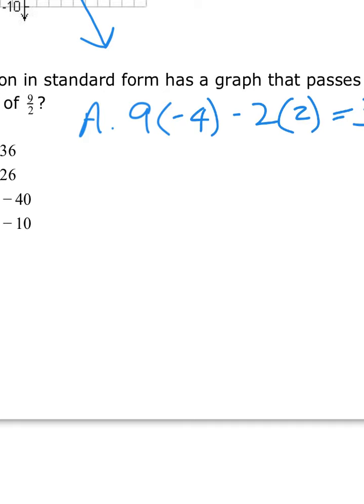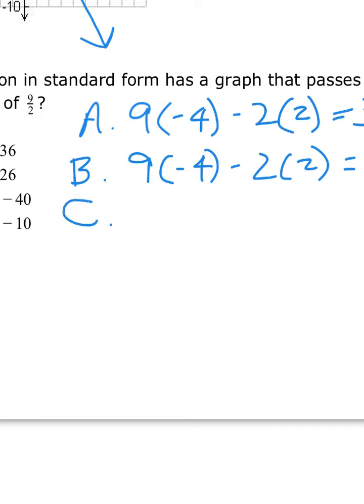No. So then B. I've got 9 times negative 4 minus 2 times 2 equals 26. True or false? False. What about C? 9 times negative 4 minus 2 times 2, does that equal negative 40?